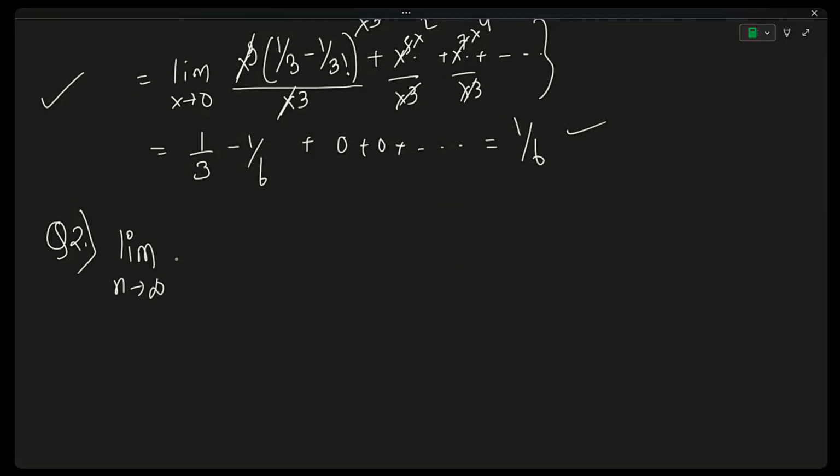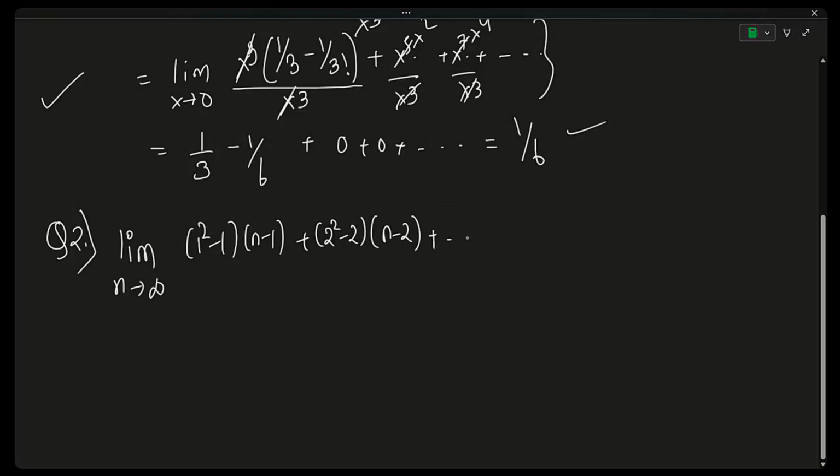Now this is another kind that may come in the exam, where you will have sequences. So n square minus 1 into n minus 1 plus 2 square minus 2. You might have seen this question, but the reason why we are repeating this kind of questions is this is necessary, as the questions that will come are going to be just like the PYQs. So which is why we should revise all of the PYQs as much as possible. N minus 1 whole square minus n minus 1 into 1.